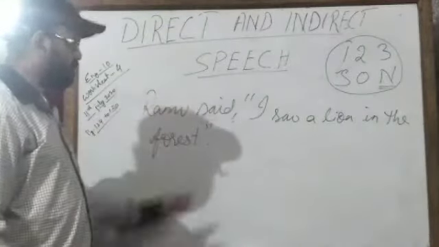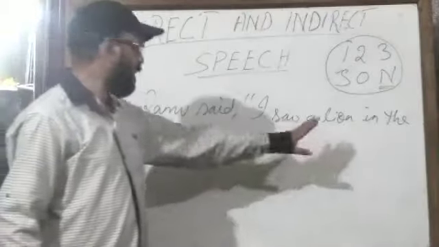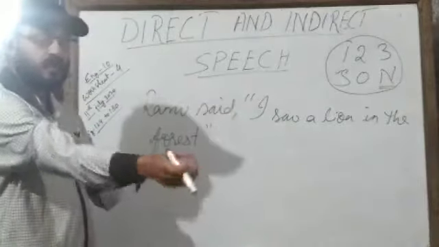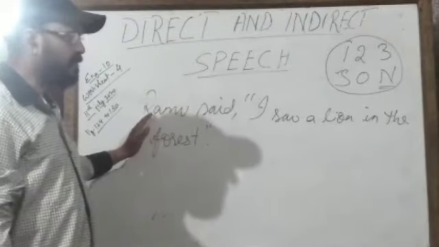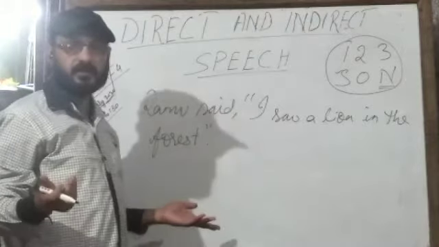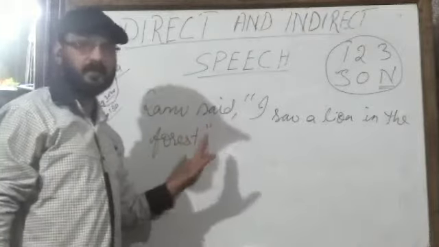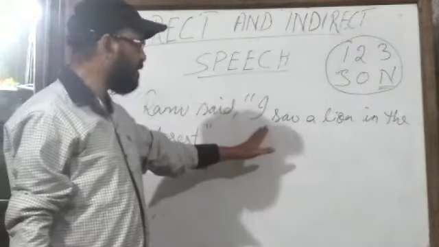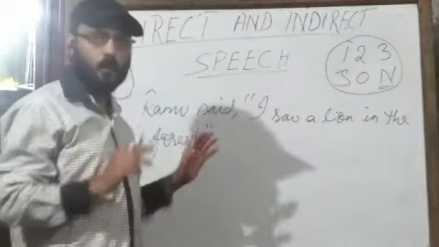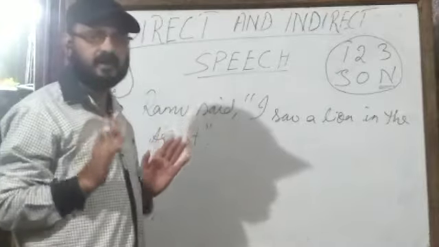Ramu said, "I saw a lion in the forest." Now here you see, Ramu said. Ramu is the subject in the first clause and said is the reporting verb. Said is in which tense? Said is in past tense. Now the reported speech here is I saw a lion in the forest. First of all you need to know what sentence this is. This is a declarative sentence.